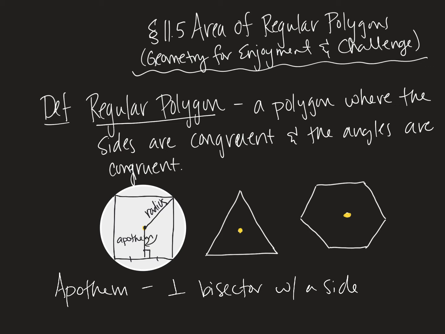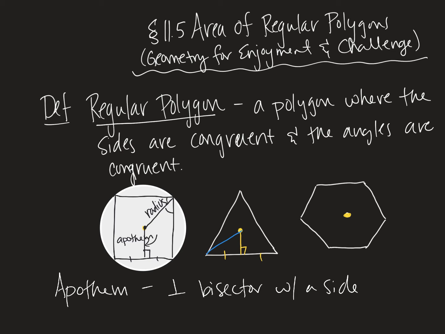So if I go back and look at my other figures, the apothem goes from the center of the polygon and it makes a right angle with a side and it bisects. The radius goes from the center of the polygon to the vertex. Now that radius actually also does one other thing that I didn't mention.